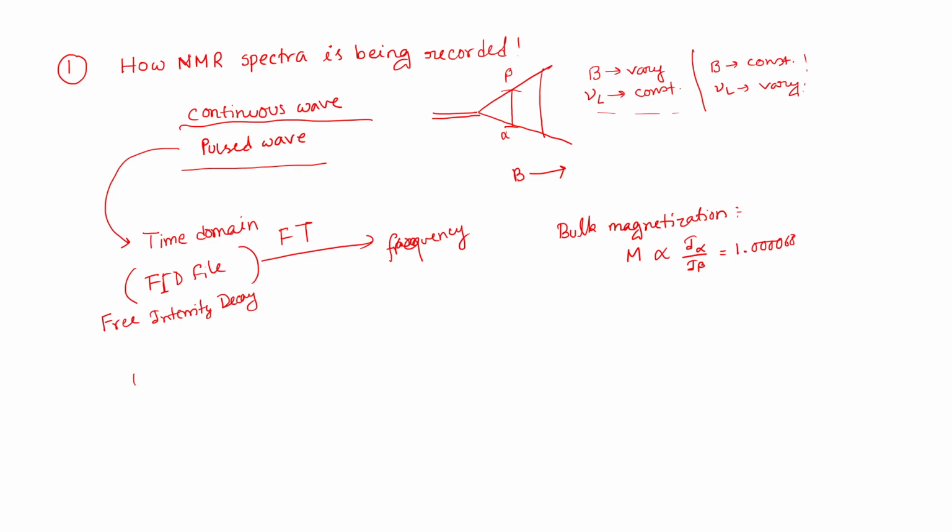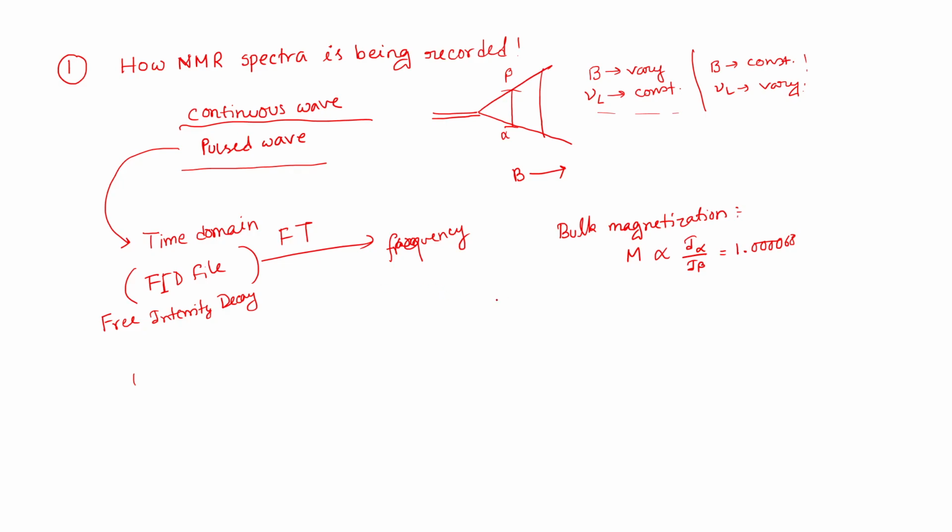I don't exactly remember the decimal places, but it was not one, it was more than one. And no other field is given, only the external magnetic field is there.